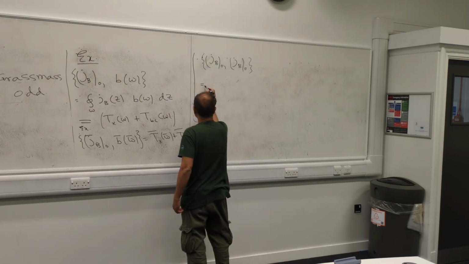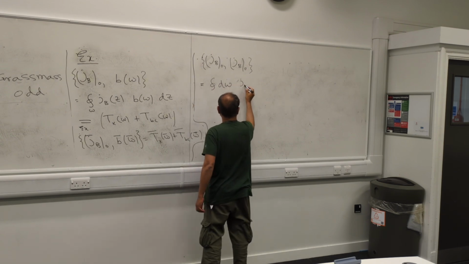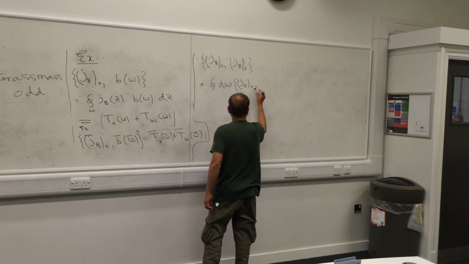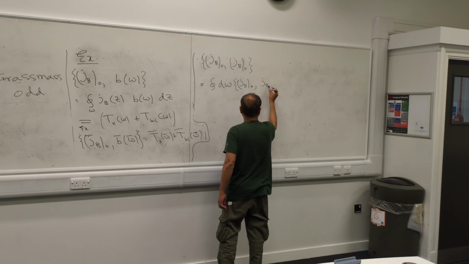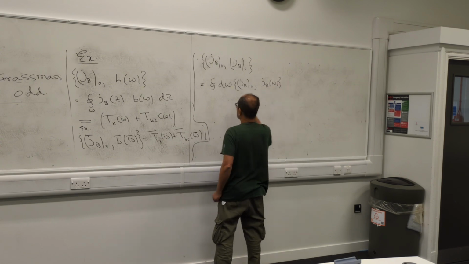So this you can write as integral over dw, J_B(0). I am just doing it in two steps, with J_B of w around 0, right?